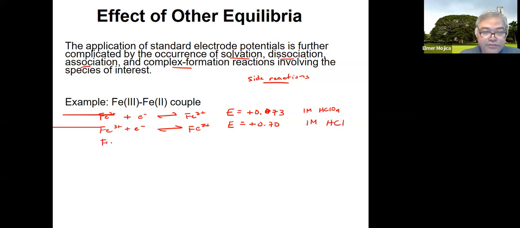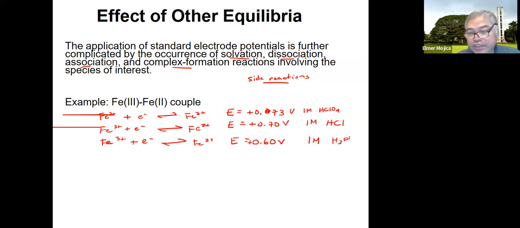And then Fe3+ plus an electron producing Fe2+ has a potential of around 0.60 in 1 molar phosphoric acid. So as you can see here, the presence of other species can have an effect on the standard electrode potential.